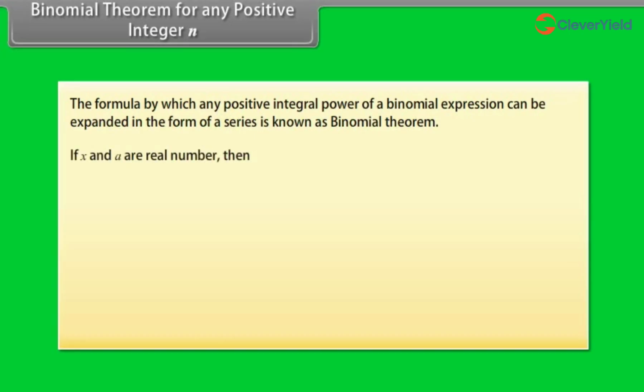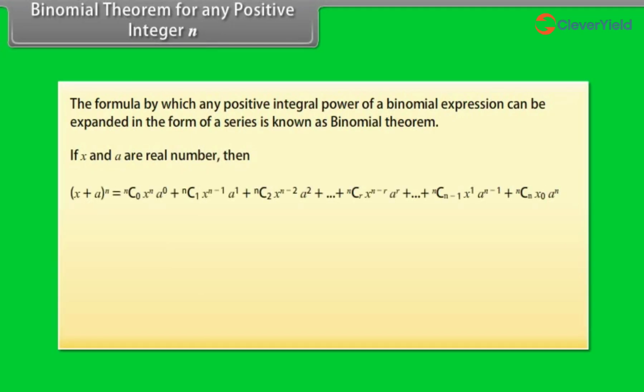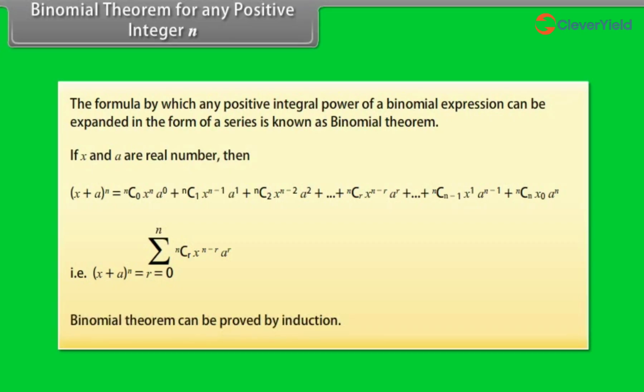If x and a are real numbers, then (x + a)^n is equal to the summation from r = 0 to n of nCr x^(n-r) a^r. Binomial theorem can be proved by induction.